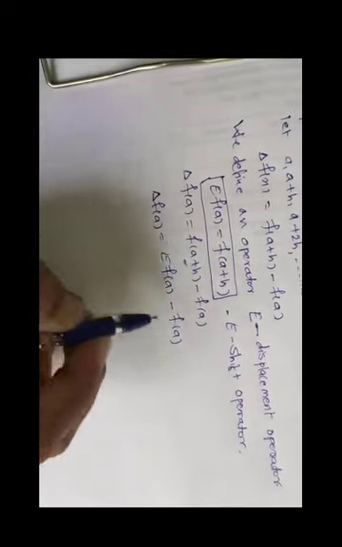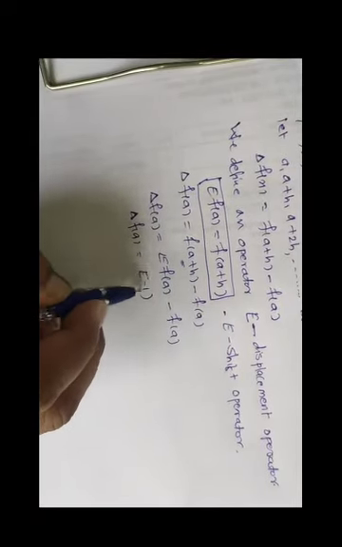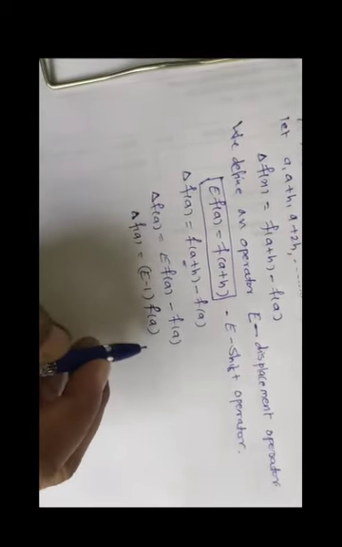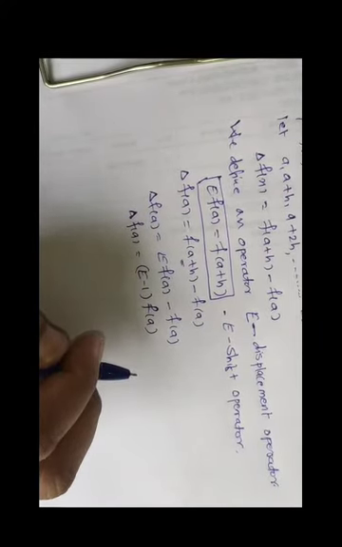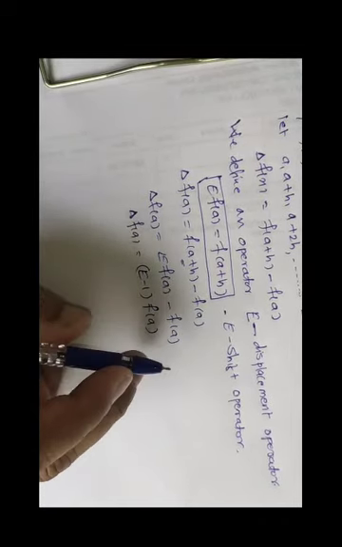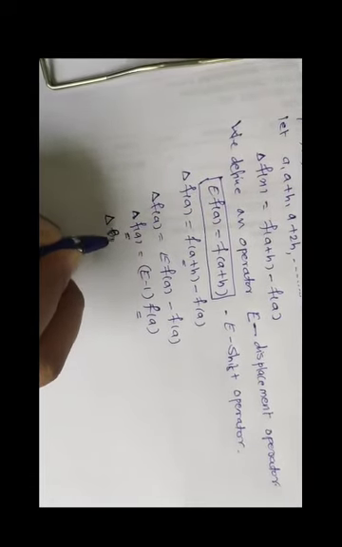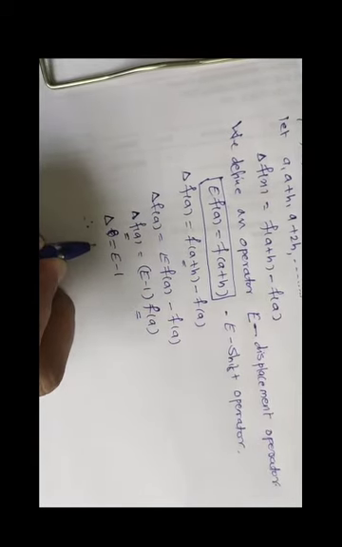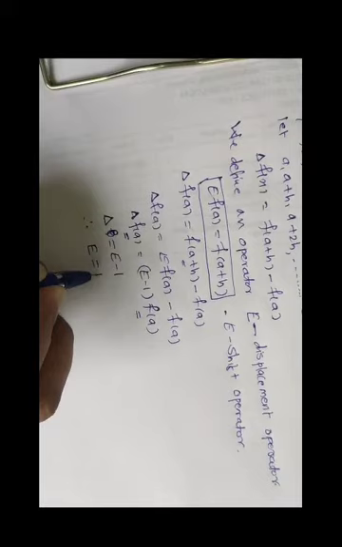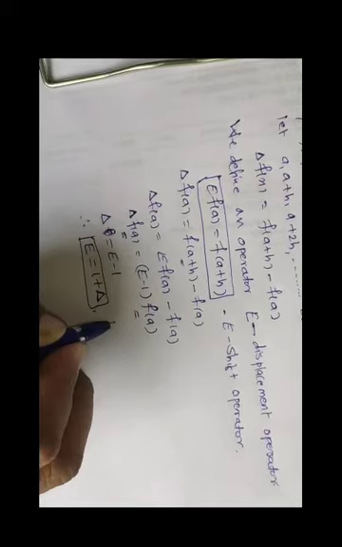From the right side we can take f of a common and we get E minus 1 times f of a. Cancelling f of a on both sides, we get delta is equal to E minus 1, and therefore E is equal to 1 plus delta.